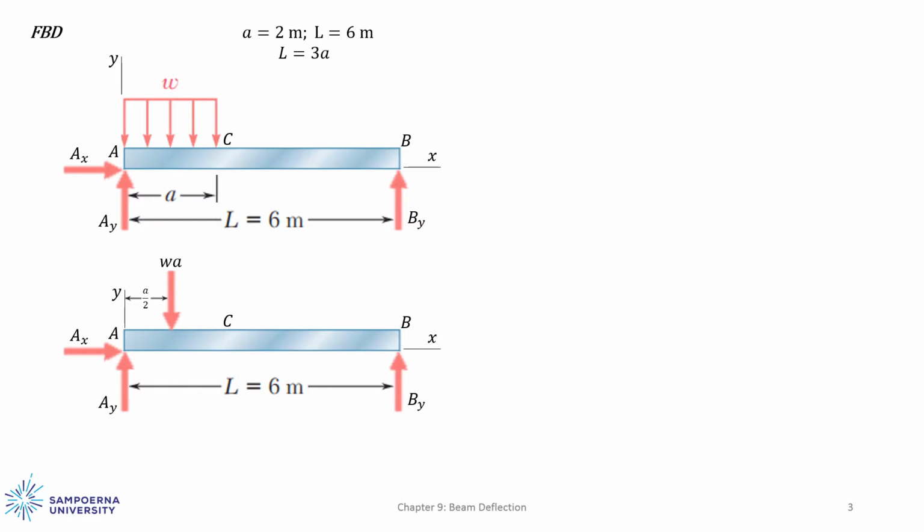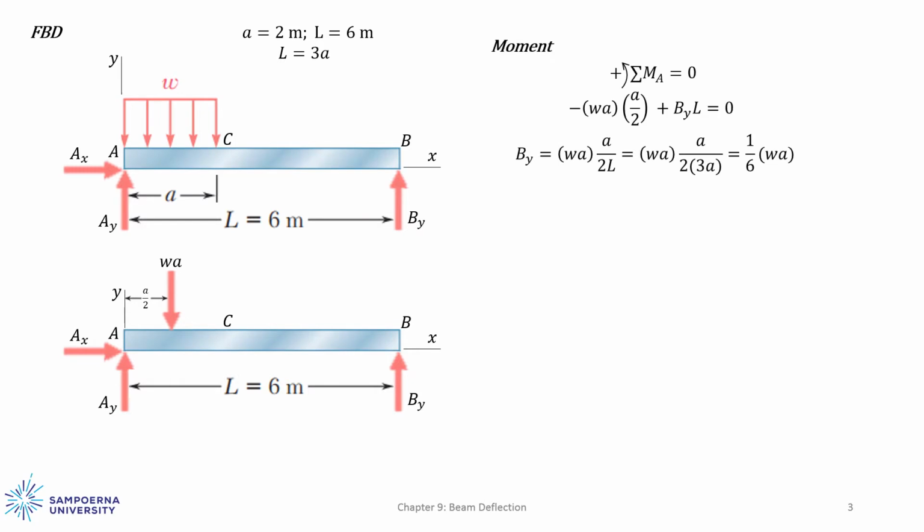Next, using sigma moment at A equal to 0, we have wa times the distance a over 2 creating a moment in the clockwise direction, so it's minus. Then By times L creates a moment in the counterclockwise direction, so it's positive, equal to 0.